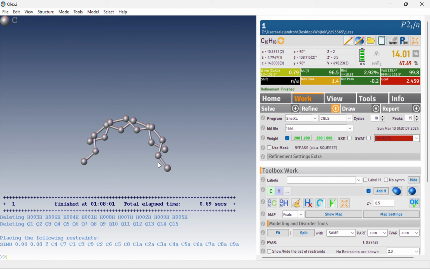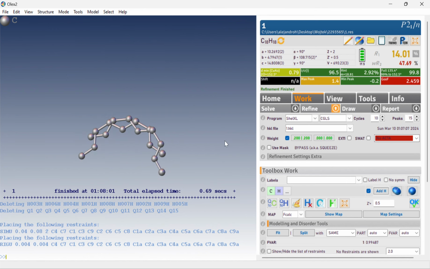For RIGU, it doesn't matter whether we select the first disorder component, write RIGU, or the second disorder component, write RIGU again, or we just drag over all of them, because that restraint works based on the connectivity table. So it will anyway only work on the first component separately to the second component. So we can just drag over them and write RIGU.